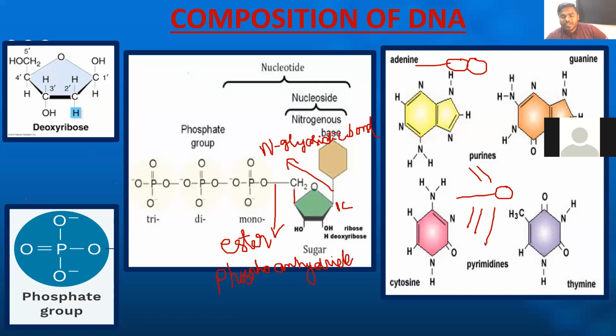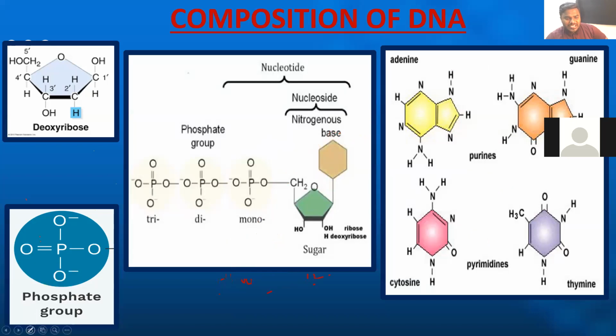So the bond which connects the first carbon of the sugar to the base, we call the N-glycosidic bond. The fifth carbon of the sugar is connected to the phosphate group via an ester or phosphoanhydride bond. You understand that clearly. Now you can ask me, sir, then what is the phosphodiester bond that we use to read?